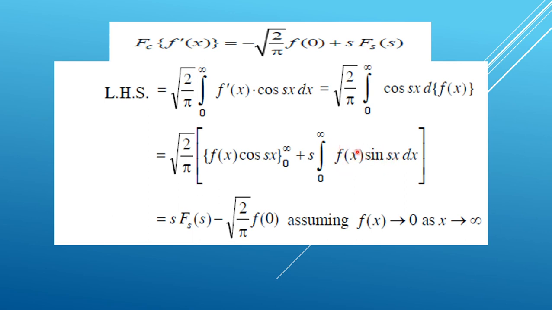and this is the sine transform of the function f(x), that is, when we multiply this by root over 2 by pi, then we find F_s(s). Thus s into F_s(s) minus root 2 by pi f(0), as f(x) tends to 0 at infinity, and that is minus f(0).